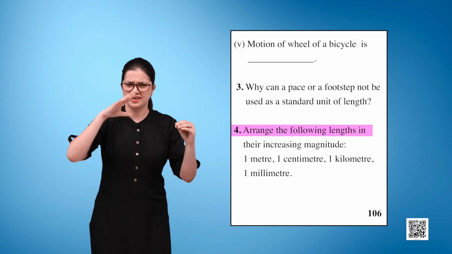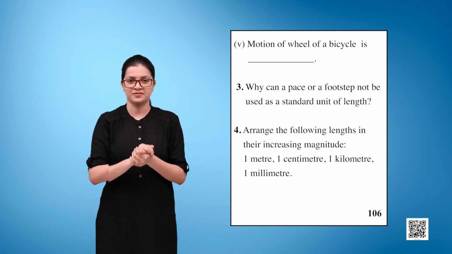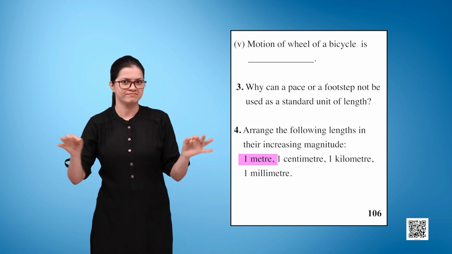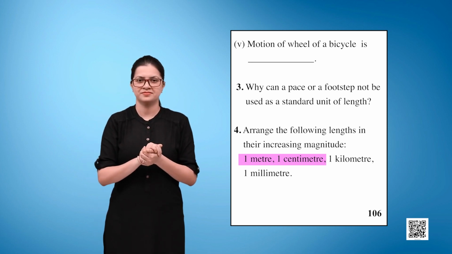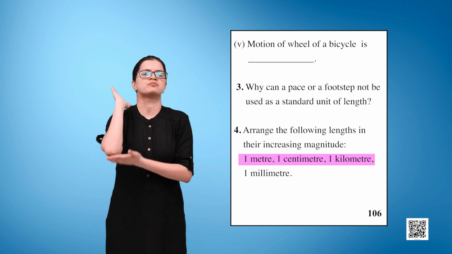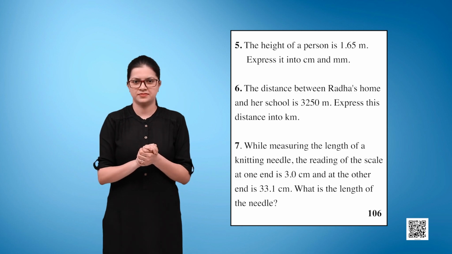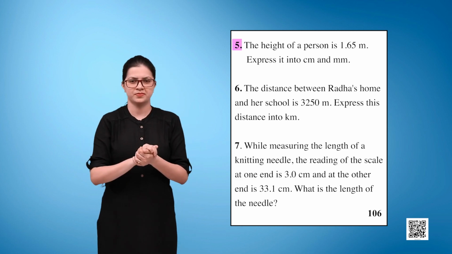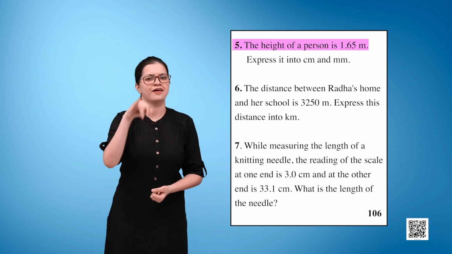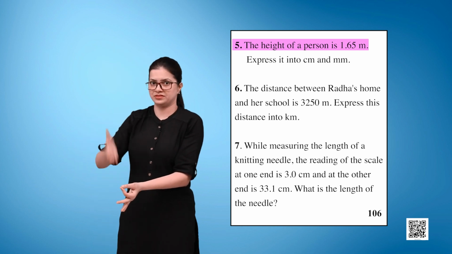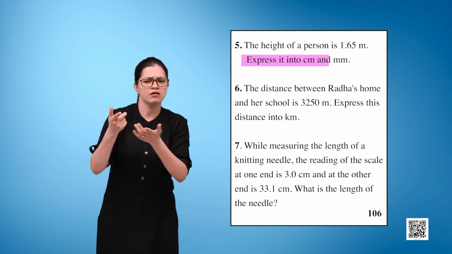Arrange the following lengths in their increasing magnitude: 1 meter, 1 centimeter, 1 kilometer, 1 millimeter. 5. The height of a person is 1.65 meter. Express it into centimeter and millimeter.